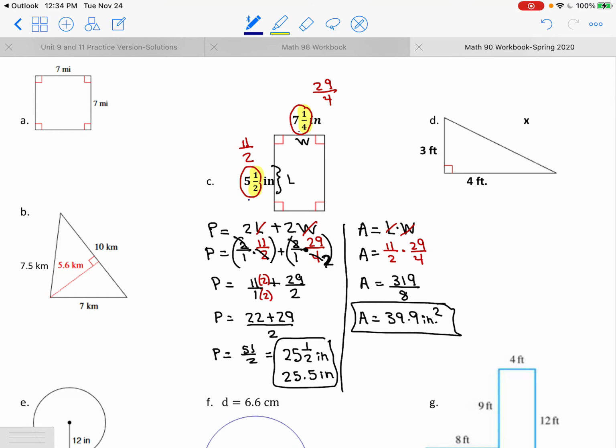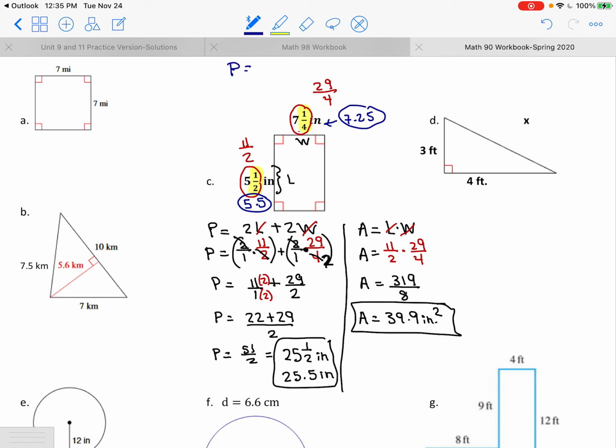You could have just called this 5.5, and of course this width would have been 7.25, and plugged those right into the formula.